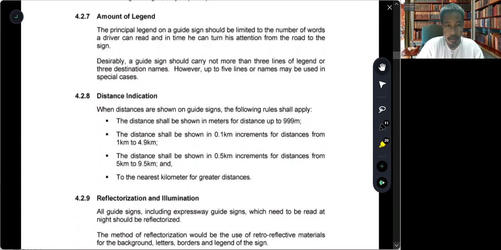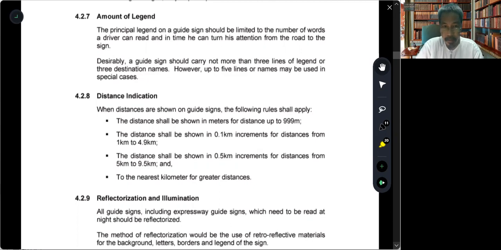Distance indication. When distances are shown on guide signs, the following rules shall apply. Number 1, the distance shall be shown in meters for distances up to 999. And after that, the distance shall be shown in kilometers, in 0.1 km increments for distances from 1 kilometer to 4.9 kilometers.